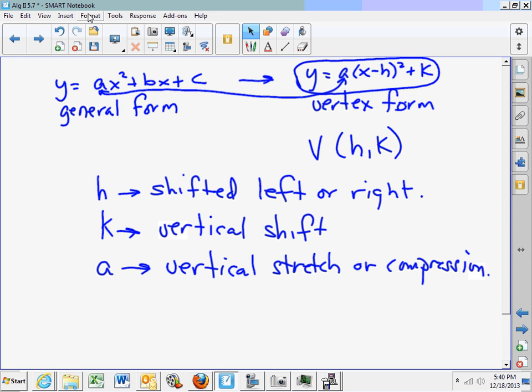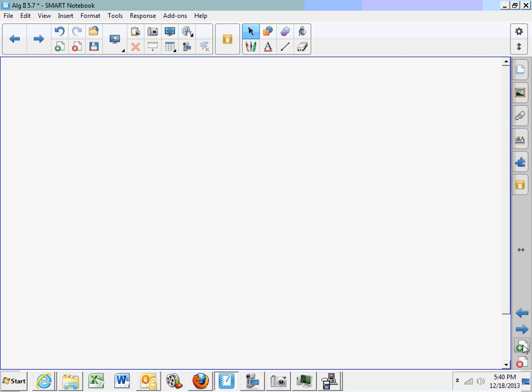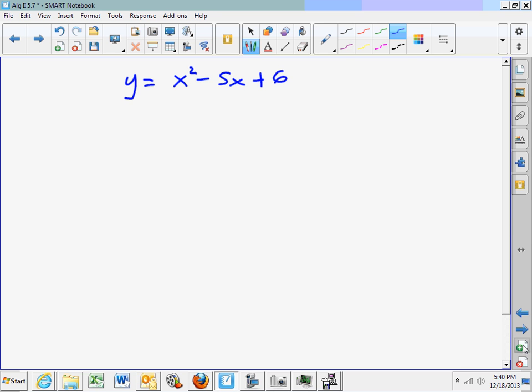What I'd like to do is pick a problem and actually do this both ways. So let's start with a fairly simple one. How about y is equal to x squared minus 5x plus 6? And what we'd like to do is translate this into vertex form.